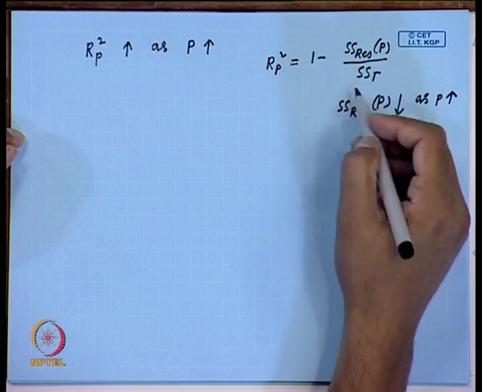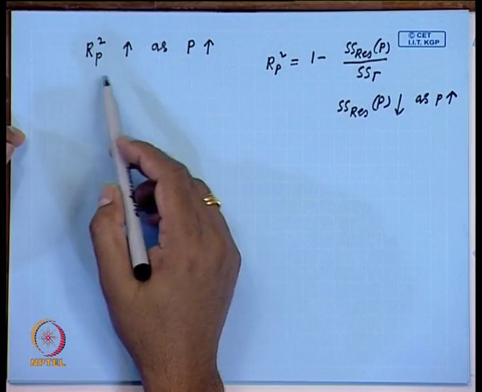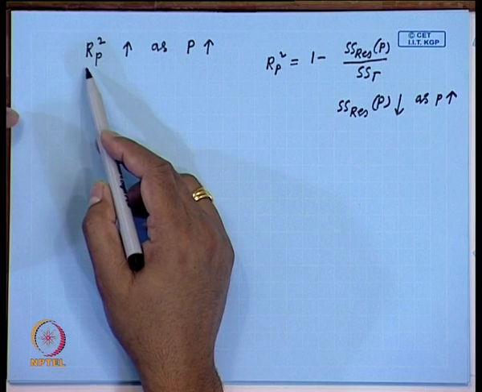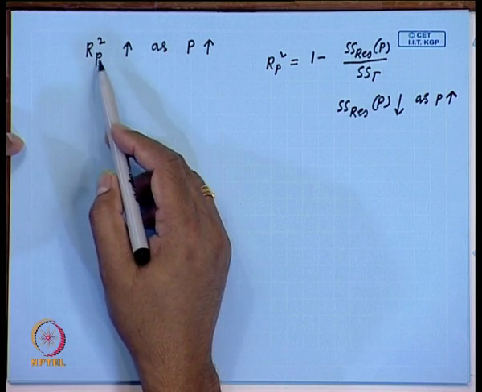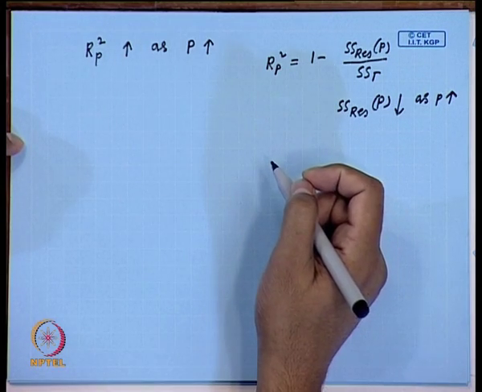So from here you can easily observe that R p square increases as p increases.